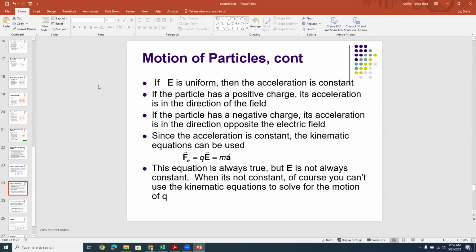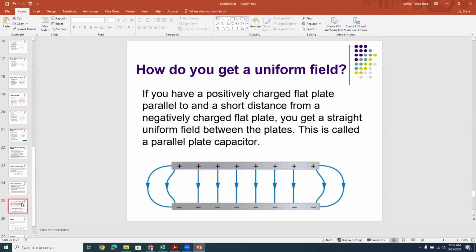Now, when is the field constant? Well, here's one way to make a nice constant electric field. You have a parallel plate capacitor, okay? When we say a constant electric field, we mean that the electric field stays the same strength and points in the same direction for some region of space.